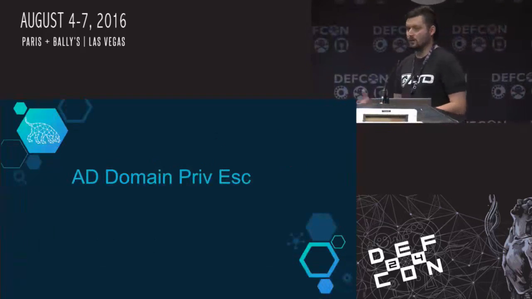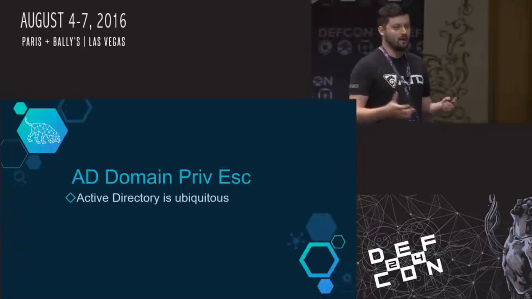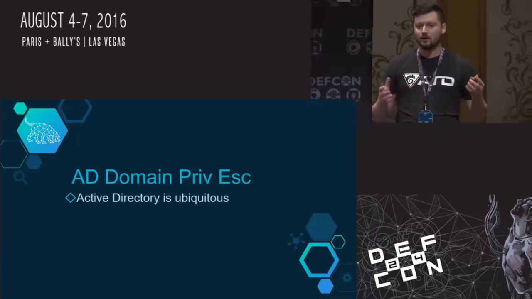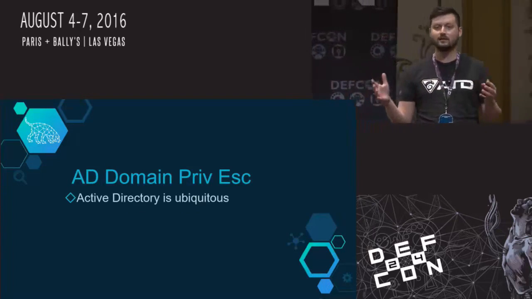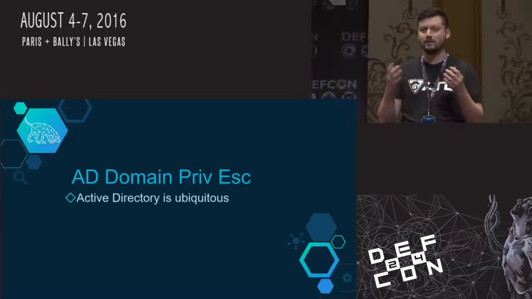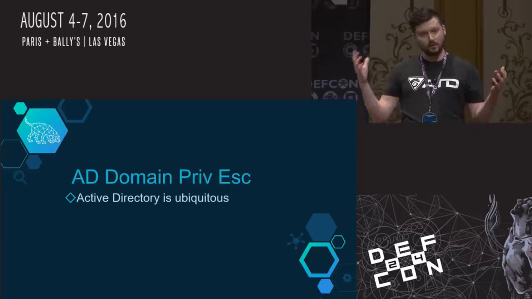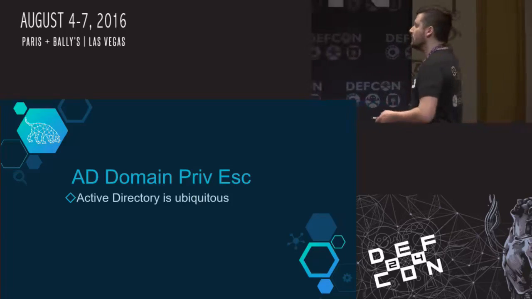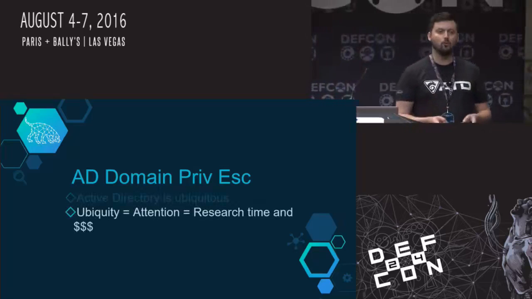So first of all, with Active Directory domain privilege escalation, Active Directory is effectively ubiquitous. In Sean Metcalf's talk, he stated that of the Fortune 500 in the United States, more than 95% of organizations use Active Directory. To the people in this room, that's probably a given. But what does that ubiquity actually mean in the real world?